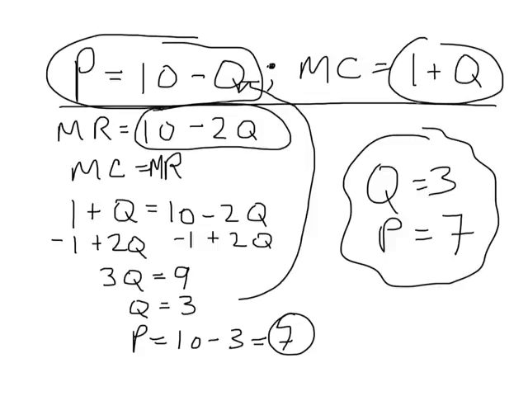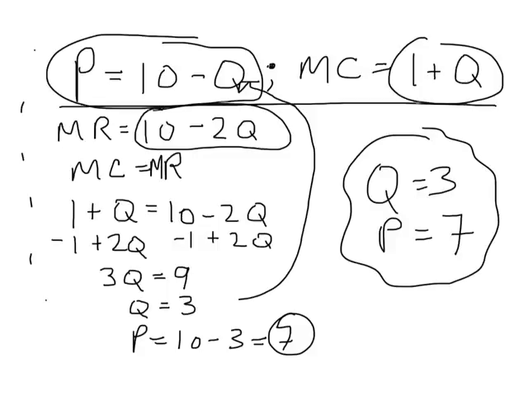We might want to know how much consumer surplus is. It's always the area below the demand curve above the price. Producer surplus is the difference between price and marginal cost summed up over all output. So it's the area below the price and above the marginal cost curve. We've done that numerous times, and we might be called on to do that again. But this is the basic algebraic solution.